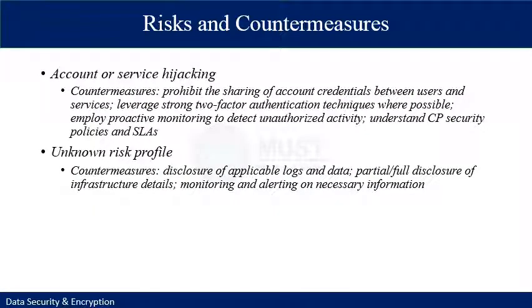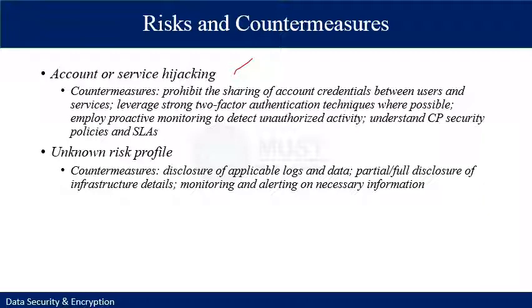The final two kinds of attacks are account or service hijacking and unknown risk profile. In account or service hijacking, usually with stolen credentials, remains a top threat. With stolen credentials, an attacker can often access critical areas of deployed cloud computing services, allowing them to compromise the confidentiality, integrity, and availability of these services.